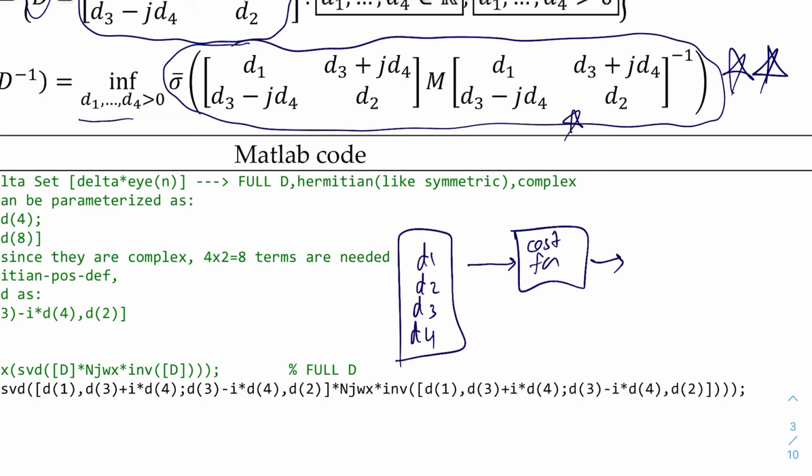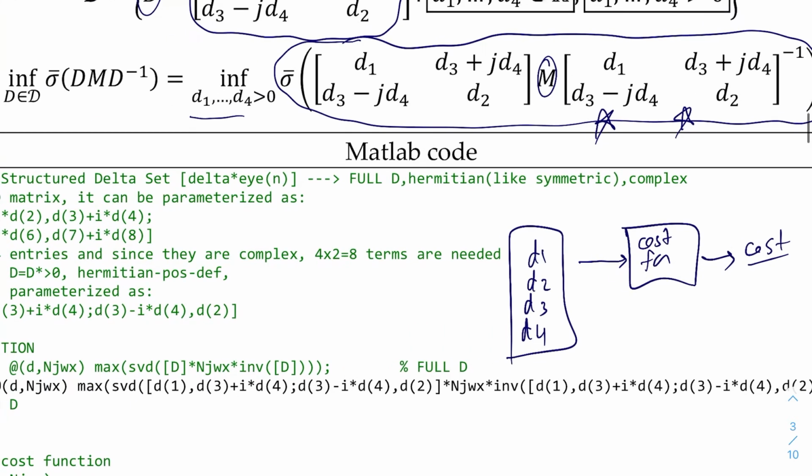This is the sigma max, for a given di, where i is 1 dot dot dot 4, compute this term, sigma max of D M D inverse.